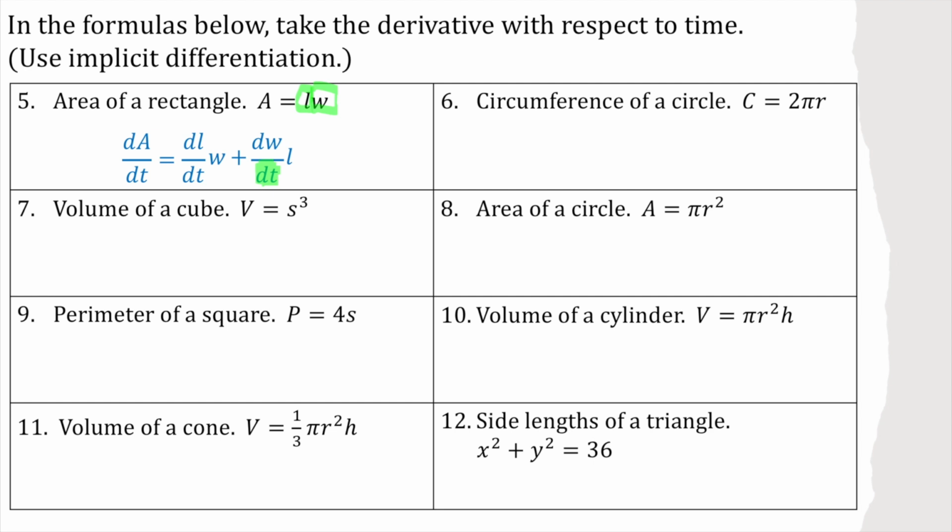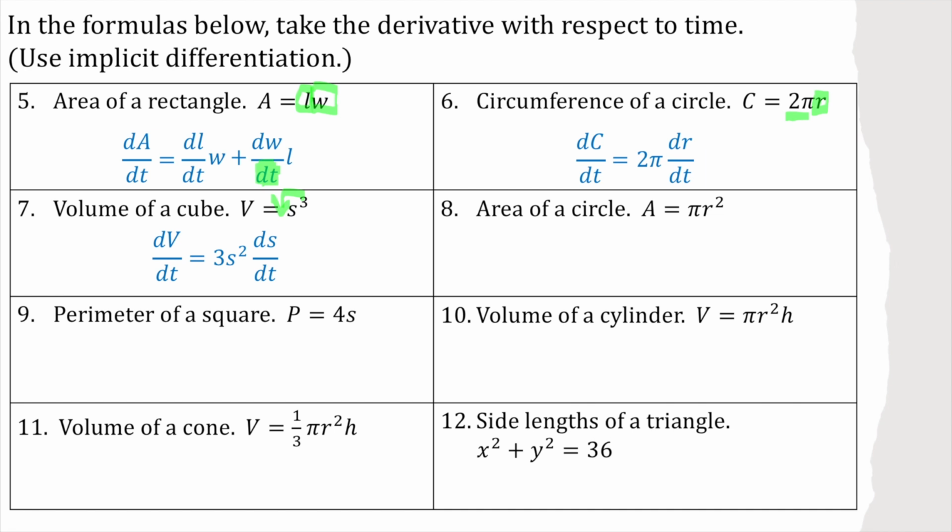Number 6, the circumference of a circle is 2 pi r. So we've got a constant and a variable. So dC/dt equals 2 pi dr/dt. Volume of a cube, we got the 3 that comes forward. dV/dt equals 3s squared ds/dt.